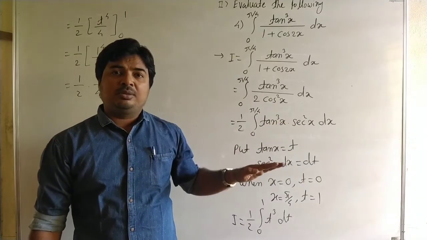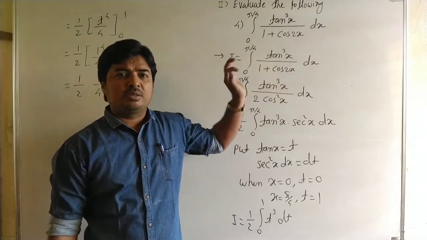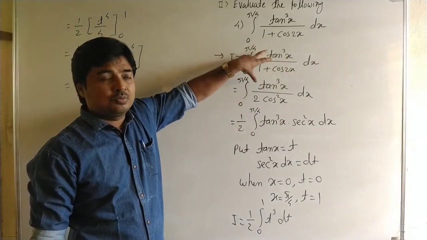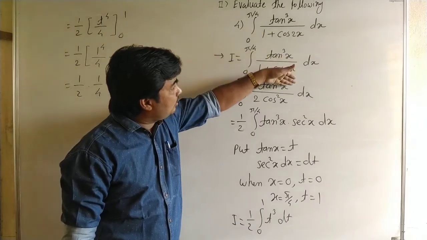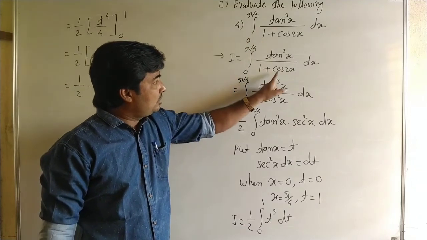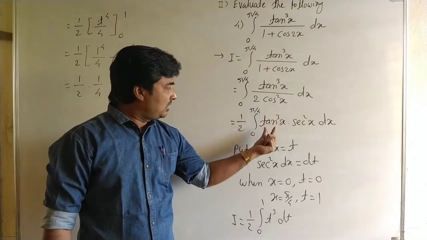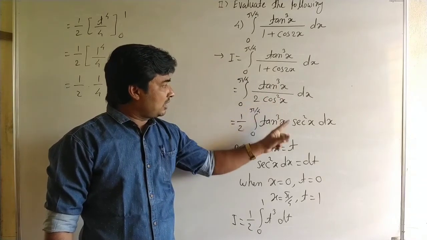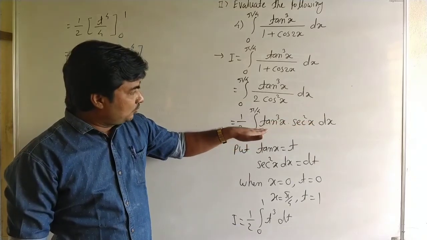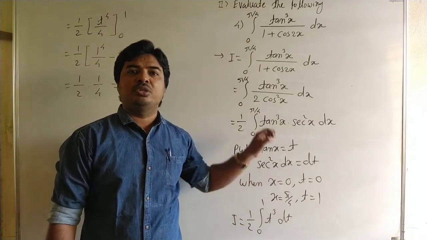Third, use trigonometric formulas or algebraic, exponential simplification. Here this example is not of a standard type, and we can't substitute at this step. So we use the trigonometric formula for 1 plus cos 2x, which is 2 cos square x, and then we get tan cube x into sec square x. Now it is in the form of a substitution, and we solve the integration by using substitution.